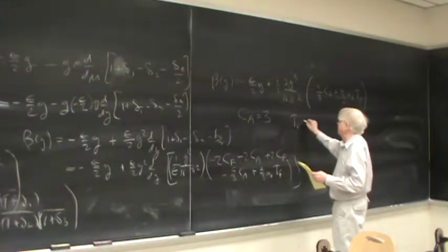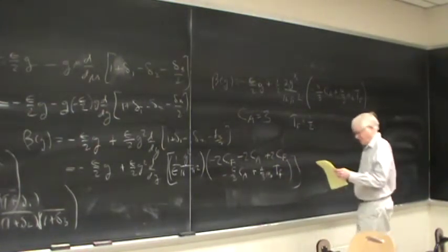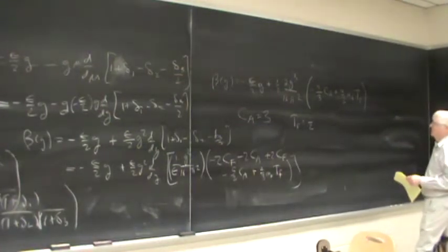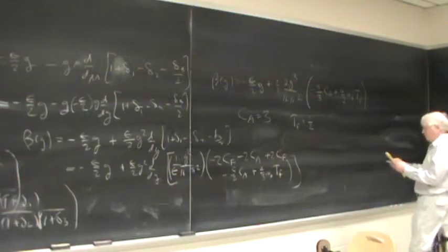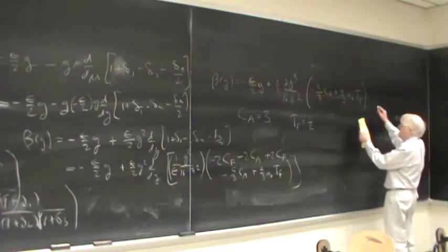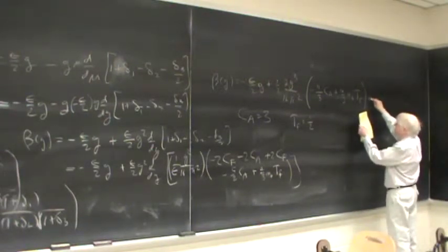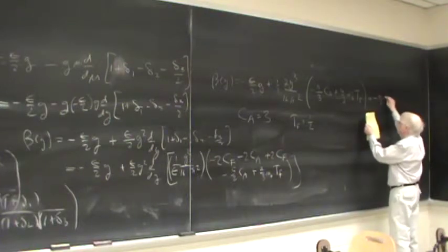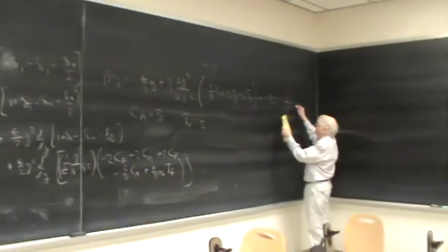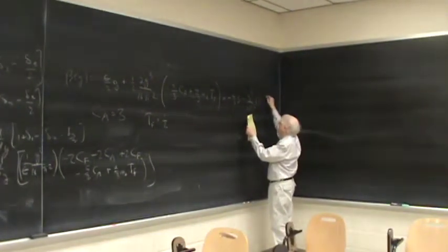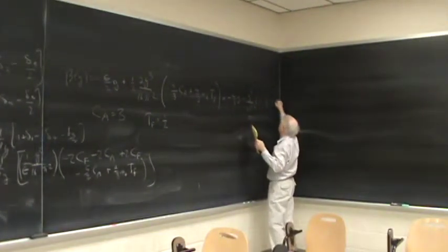And T_F is the normalization factor for the generators in the fundamental representation, F being fundamental. So altogether, this beta of g then is minus epsilon over 2 g minus g cubed over 16 pi squared, times 11 minus 2/3 N_F.